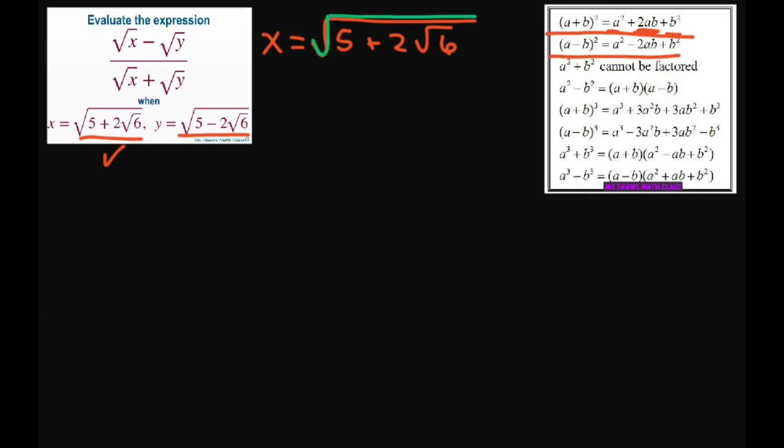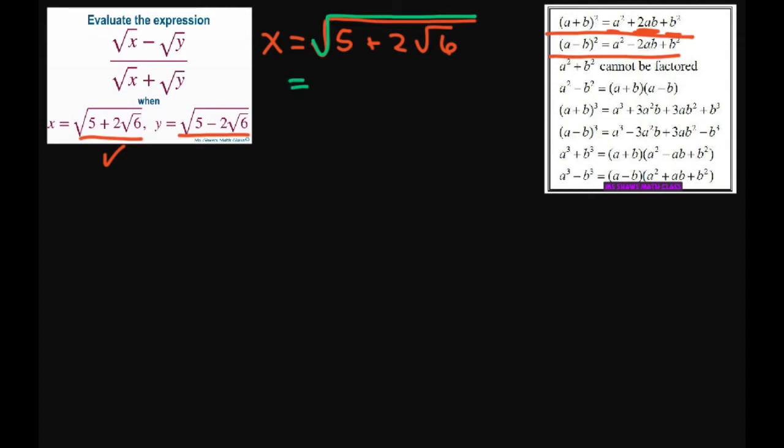So basically what I'm going to be using is this formula here and this formula here. So for this first one, we have x equals square root of 5 plus 2 square root of 6. So we want to make a 2ab and then have an a squared and b squared, because my goal is to get rid of this outer radical here.